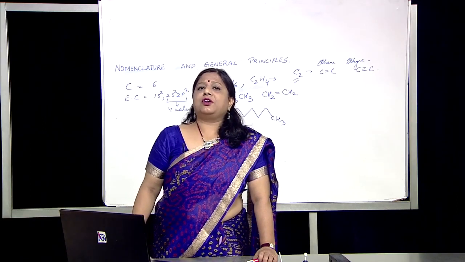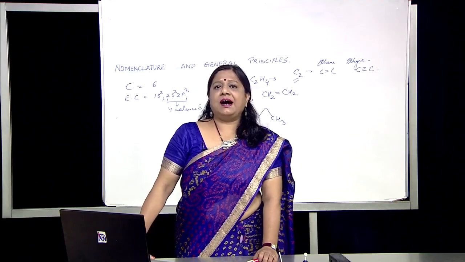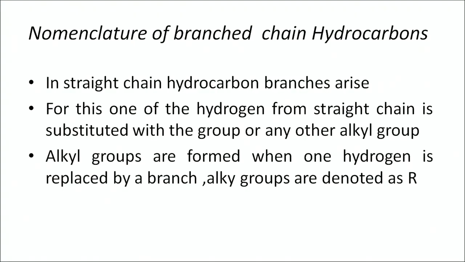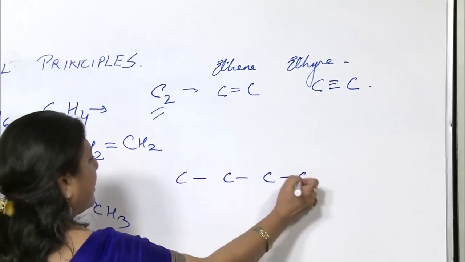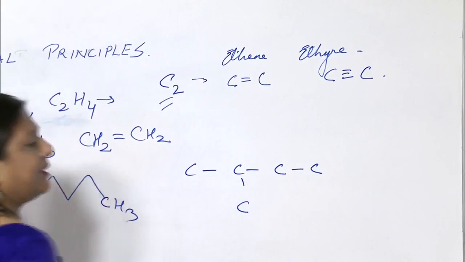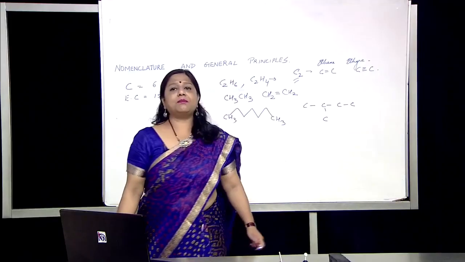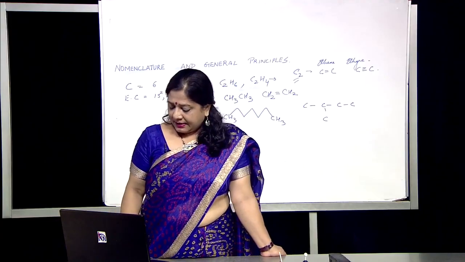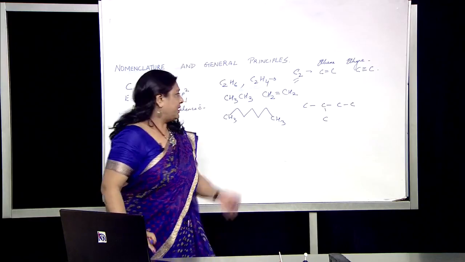Let us study the nomenclature of branched chain hydrocarbons. In a straight chain hydrocarbon, branches arise. For example, there is a straight chain and branches like this, so we name it differently. And how do these branches arise?